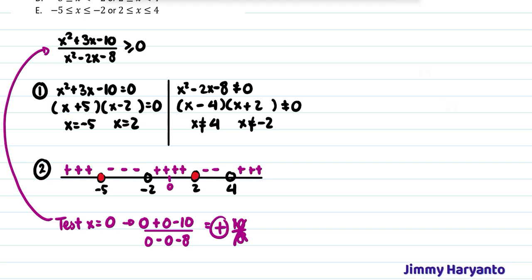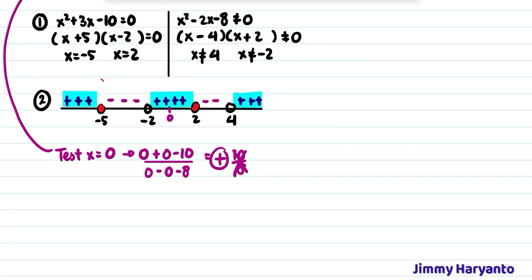And then the question wants you to find the area that is greater than or equal to 0. That means this one, and this one. Okay, and then you have to write down the notation. First, this one, it's x less than or equal to negative 5 because it's to the left of the negative 5. This one is in between, so it has to be written like this, less than.